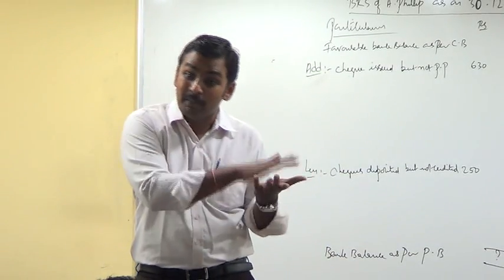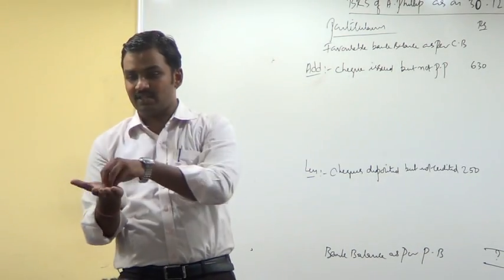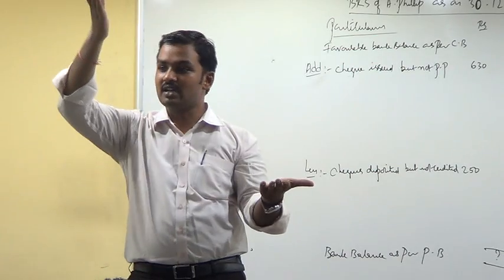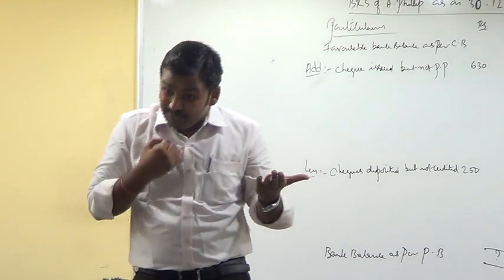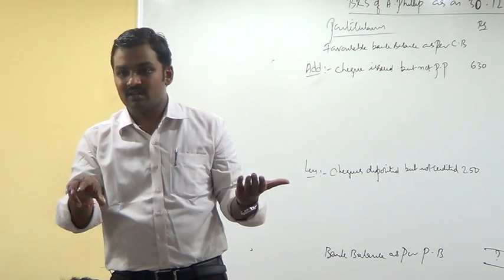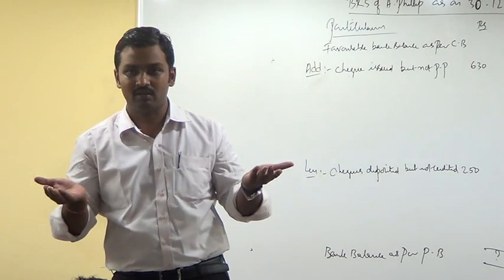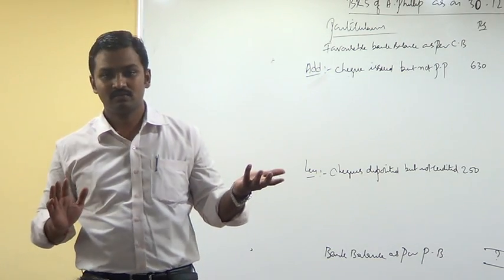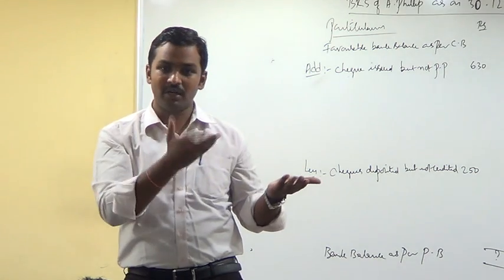The check was deposited in the bank, but did the bank get money? No. So as soon as we received the check, we increased our cash book balance. If the bank had told us that the check was dishonored, we would also have reduced the balance to make both the books equal. But they did not inform us. We are assuming deposited. In the bank, no money has come.